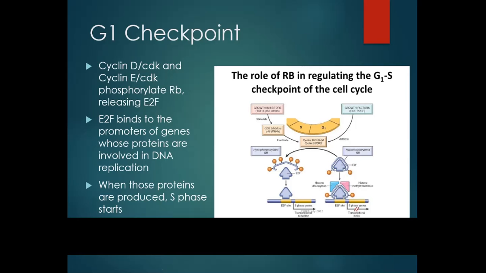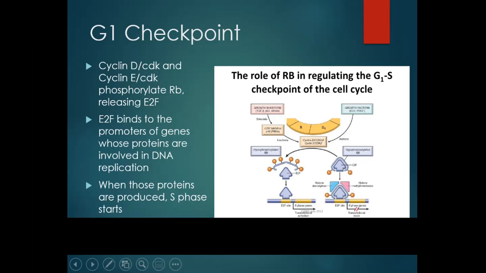Okay? Now, in G1 phase, the cell should be getting signals to divide from growth factors and from other things. If those signals are in place, cyclin D and its CDK will phosphorylate RB, and so will cyclin E, the next one that comes up in the cell cycle.